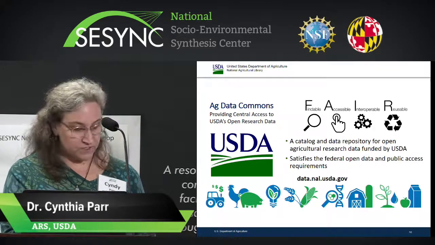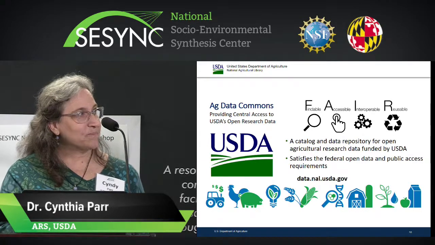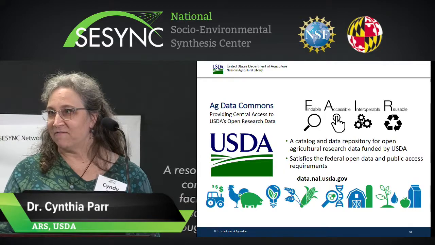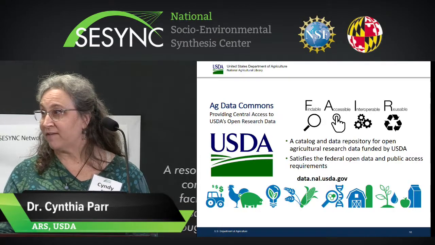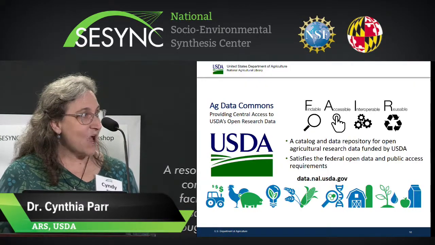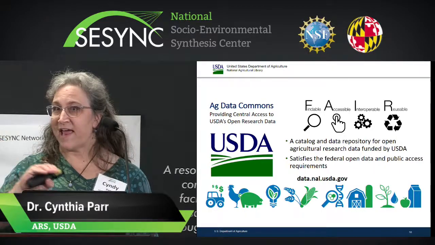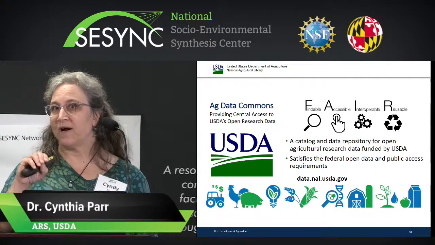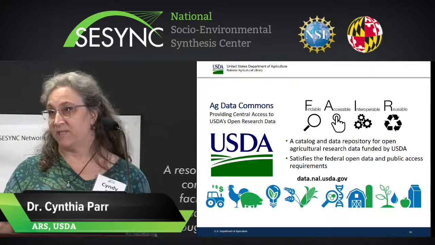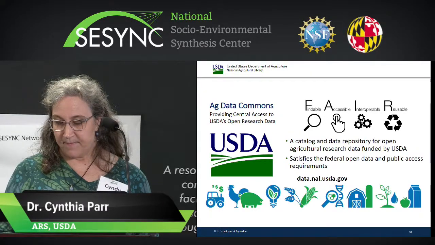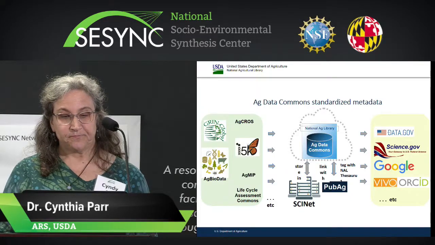We cover a whole span of topic areas, everything from economics to genomics to GIS data. It's very high level, so we don't have specialized tools for the most part to work with the data. We're not a workspace. We're basically an access point.